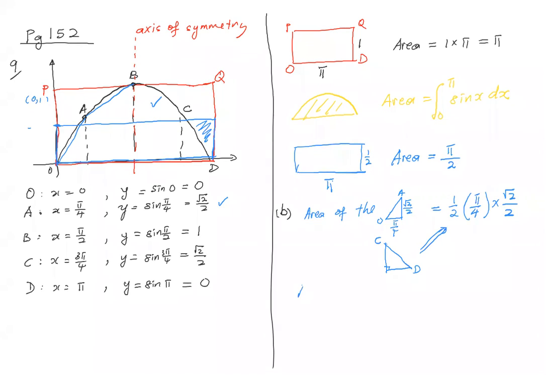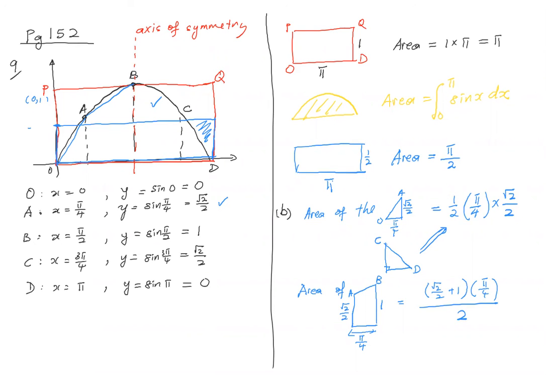So the next one is the area of this trapezium. AB is root 2 over 2. This is 1. The width is also pi by 4. So the area of the trapezium is root 2 over 2 plus 1, times the width, divided by 2. There are two of them.